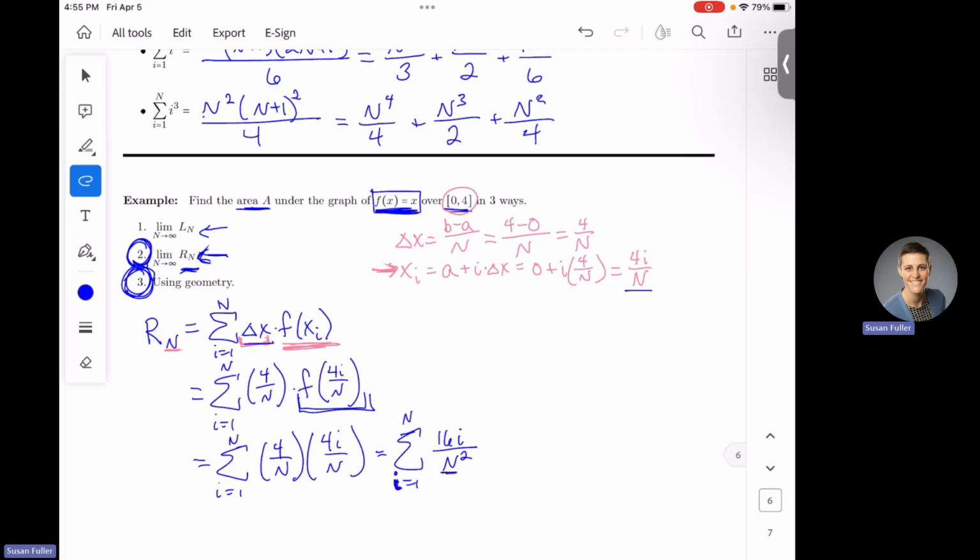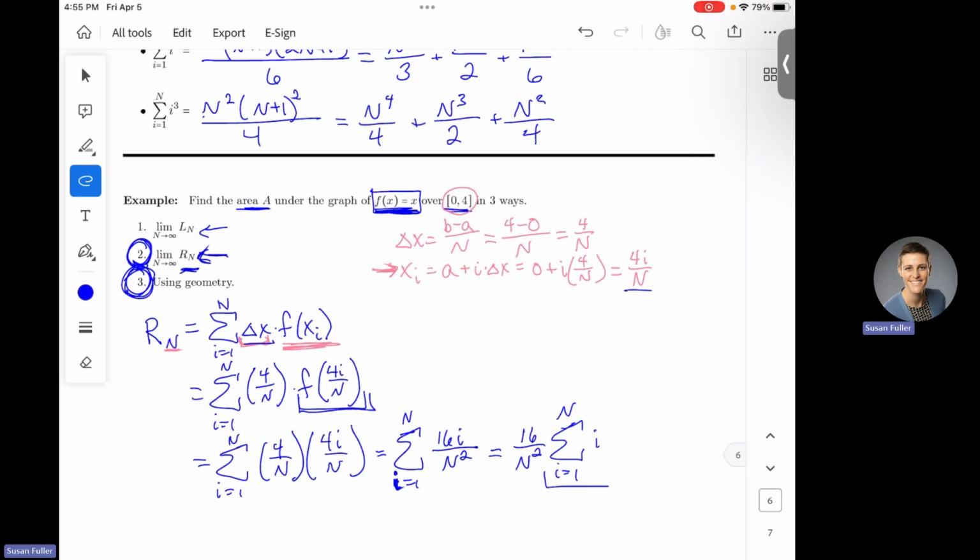This n down here, the number of rectangles that I have, isn't a variable as far as my summation is concerned. So I can pull anything that's not an i out of this summation. And so that 16 over n squared is a number as far as this summation is concerned, and so I can pull those out of here. And all I have left in there is that i.